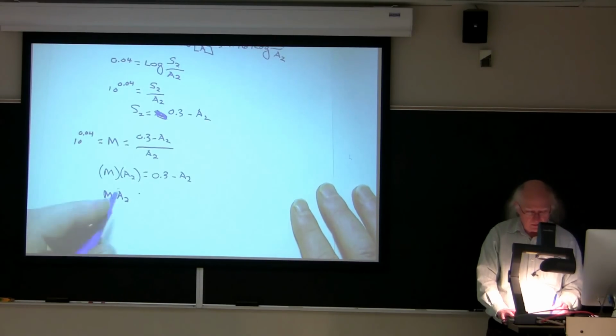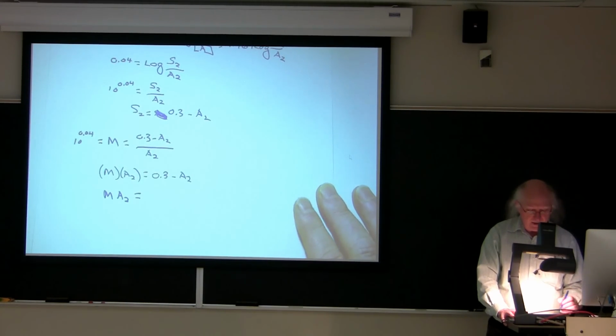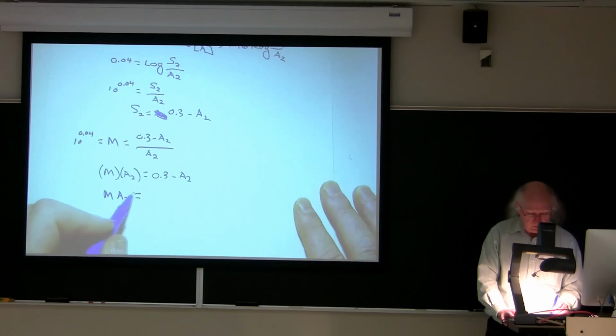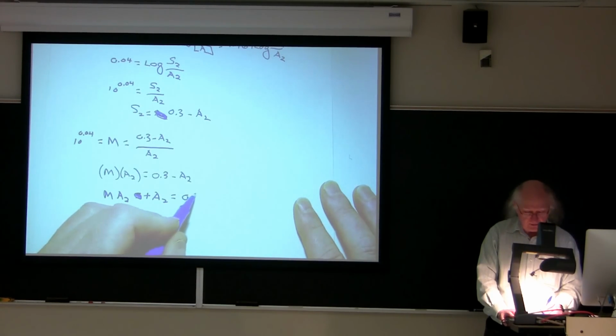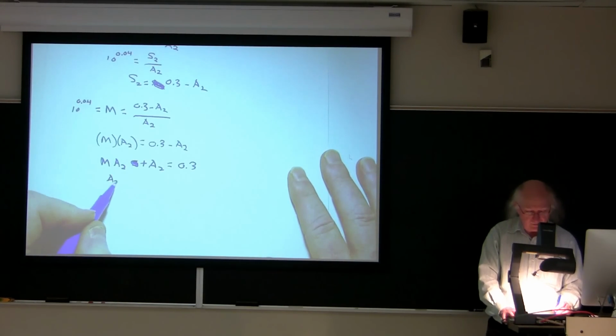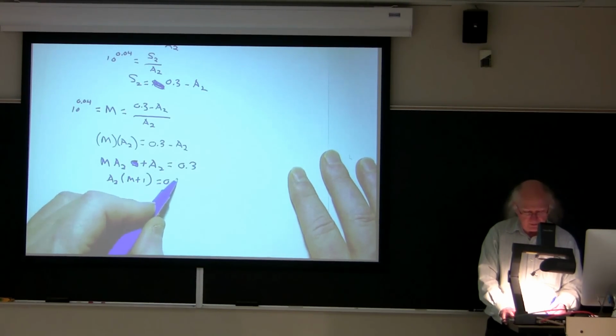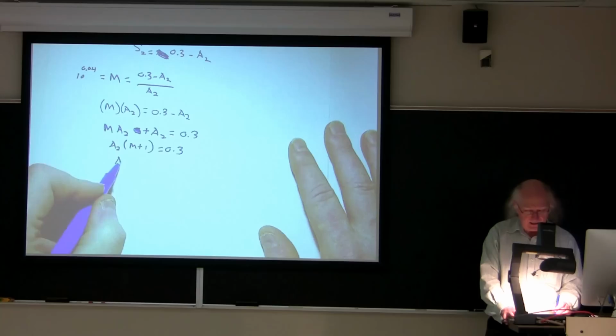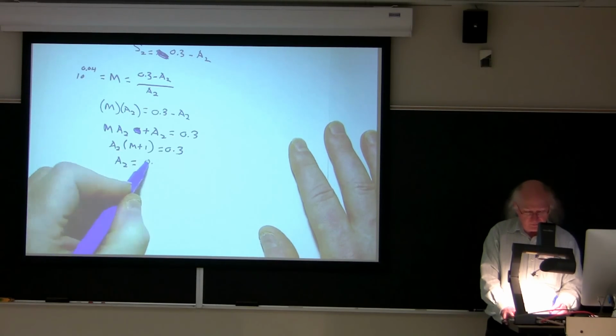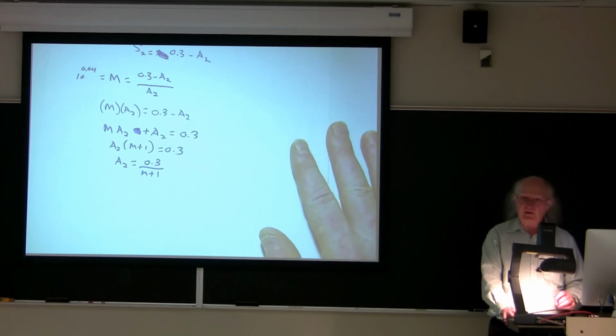MA2 plus A2 equals 0.3. A2 times M plus 1 equals 0.3, so that A2 equals 0.3 divided by M plus 1.